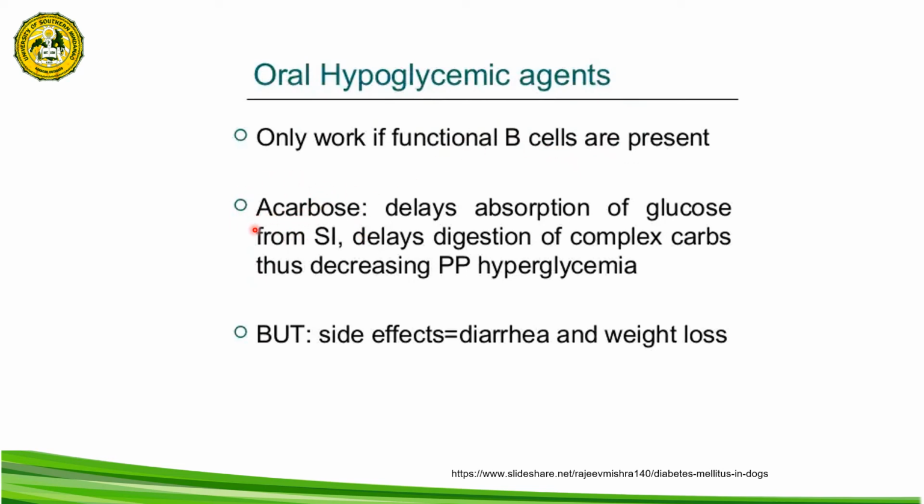Acarbose is an anti-diabetic agent that acts as an inhibitor of the several enzymes for the breakdown of carbohydrates in the intestine. It will delay the absorption of glucose from the small intestine. It will also delay the digestion of complex carbohydrates, thus decreasing the hyperglycemia.